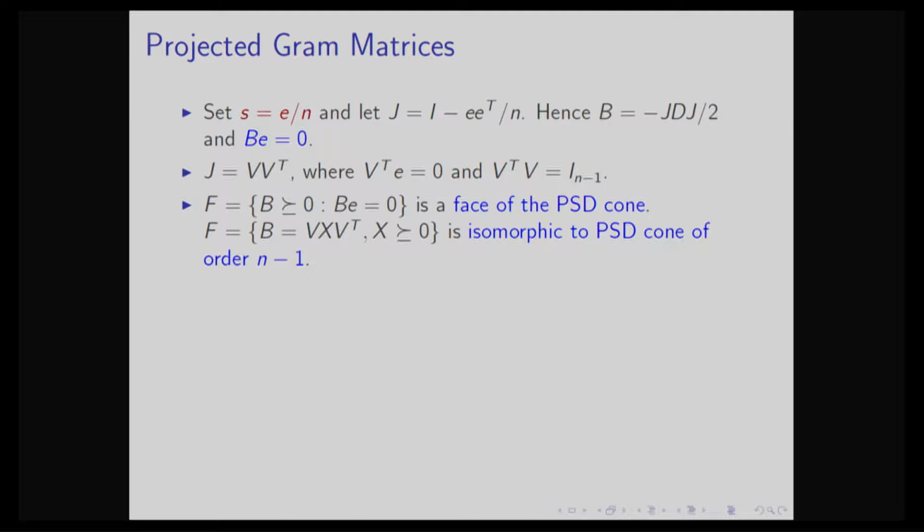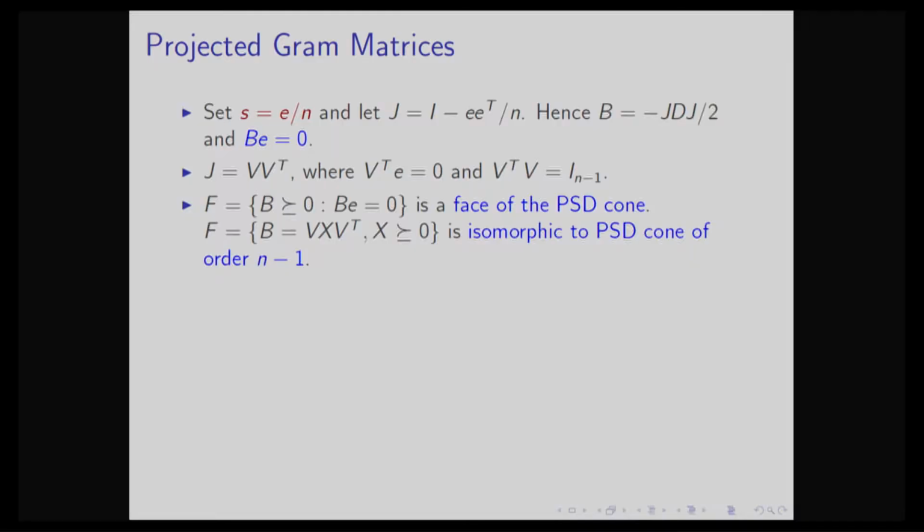This is a face of the PSD cone. It's well known that every face of the positive semi-definite cone is isomorphic to a PSD cone of lower dimension. In this case, F is isomorphic to the PSD cone of order n minus 1. Remember, all our distance matrices are n by n, but here you go to n minus 1.